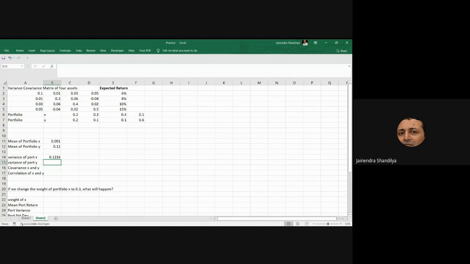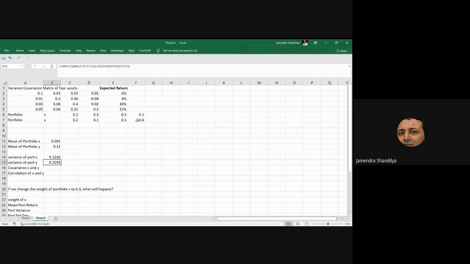Since you have done it, I'm going to do it, and I'm going to multiply this with the same matrix. 0.2034 is what I get. Do you also get something like this? Yes, sir, 0.2034. Yeah, so perfect.